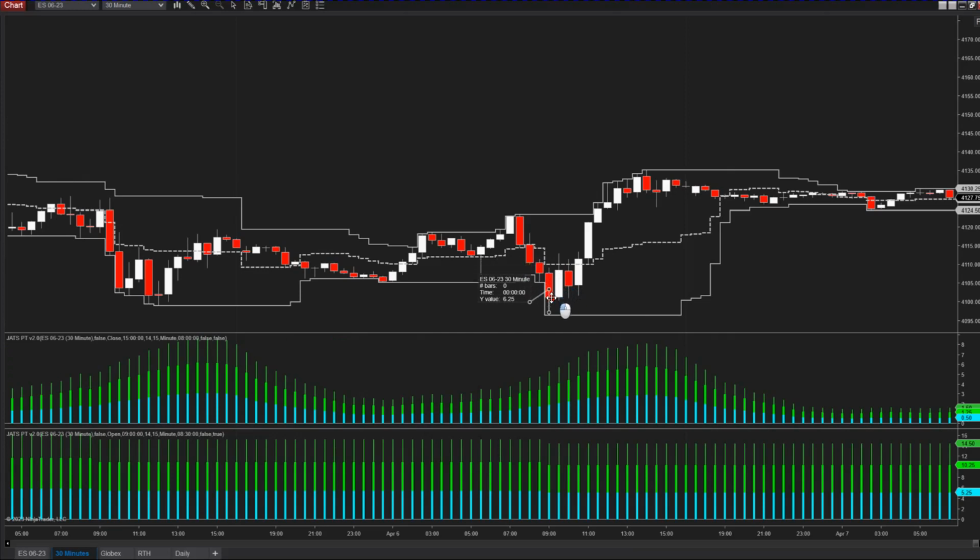So it reached it from the low, reached it from the low, reached it from the low, also reached it from the open. And if you use it as a stop off the open, the stop was not hit. So the open of these bars, the stop was not hit, and yet the profits were.